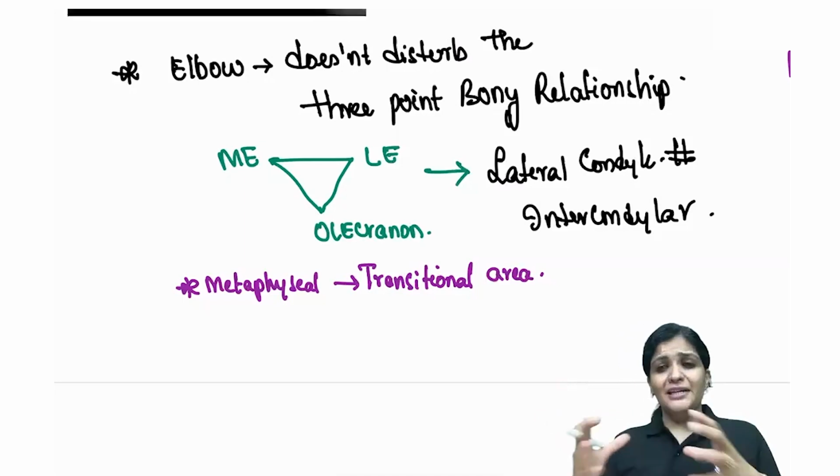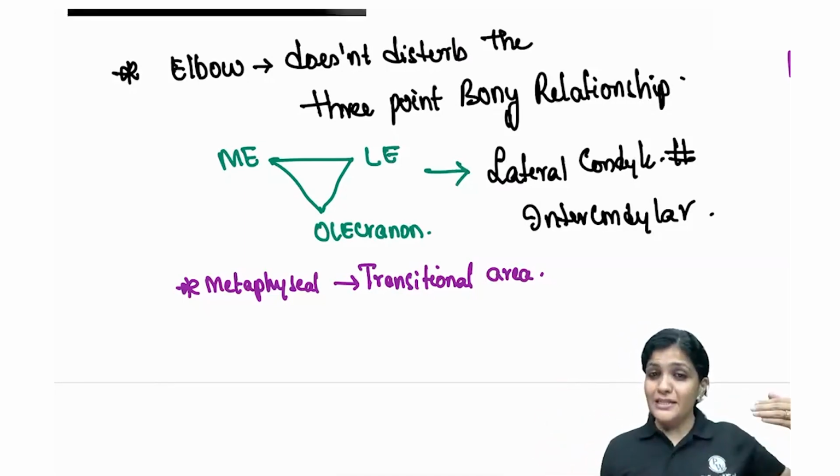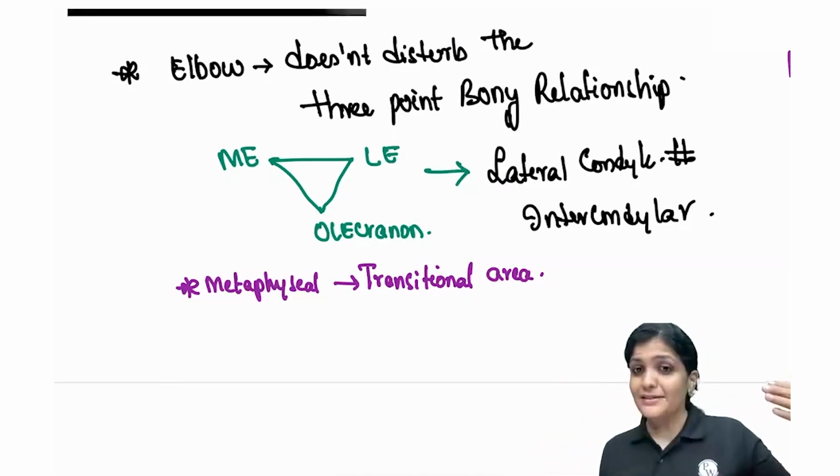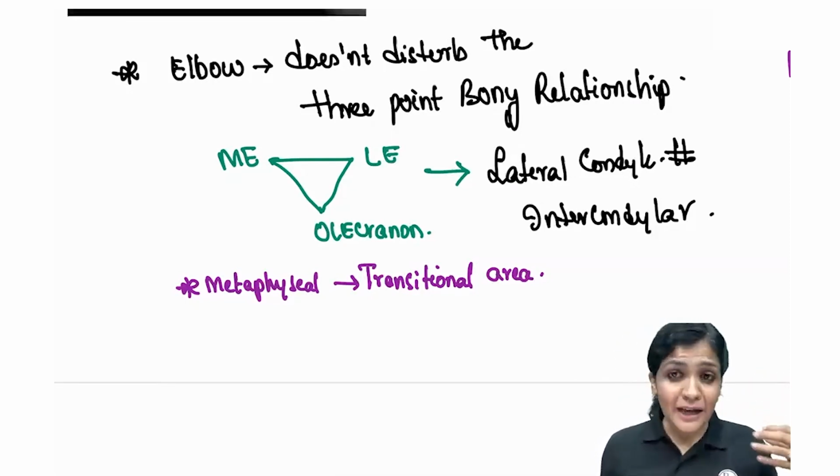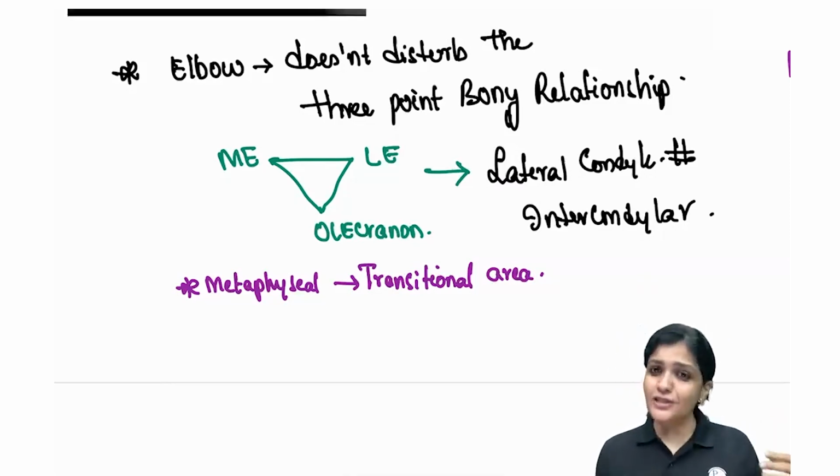Whenever something is transiting, here in the bone it is from epiphysis to diaphysis. The epiphysis is cancellous bone, the diaphysis is cortical bone, and the metaphysis is the transition from cancellous to cortical.